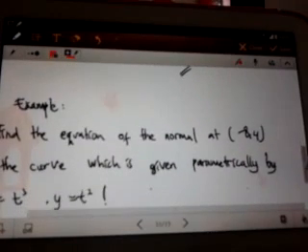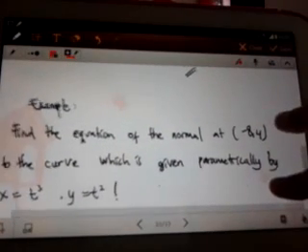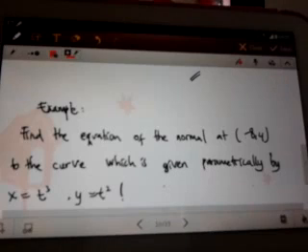Another example is finding an equation. Find the equation of the normal at minus 8, 4 to the curve which is given parametrically by x equal to t cubed, y equal to t squared.